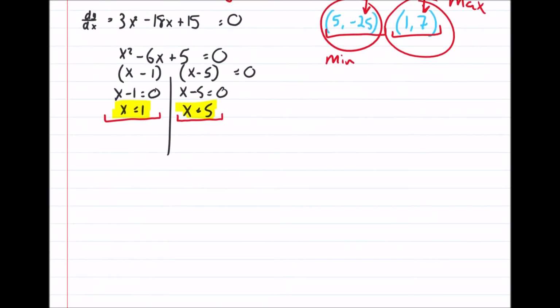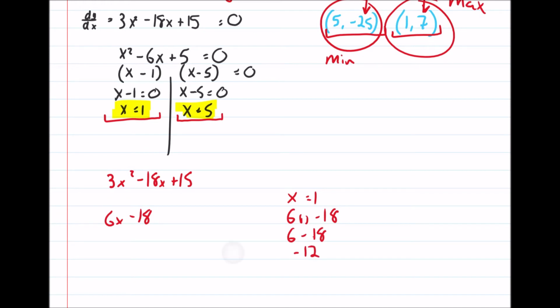Okay, let's find out the other way. So I've differentiated once, which I got 3x squared minus 18x plus 15. Differentiate again and I get 6x minus 18. Take my x equals 1 and put it in. So that'll be 6 times 1 minus 18. 6 minus 18 is minus 12. Minus 12 is less than 0.